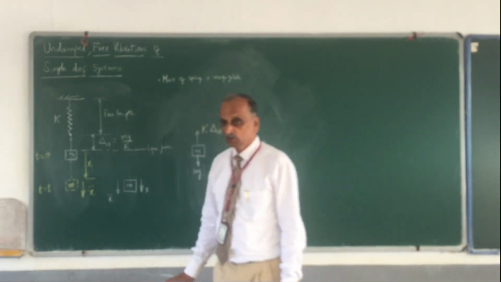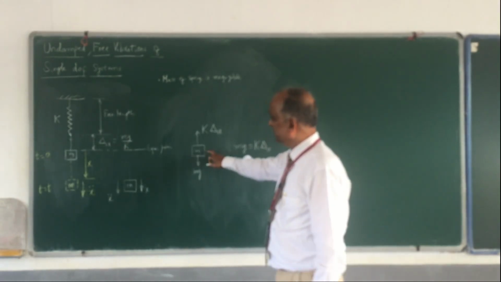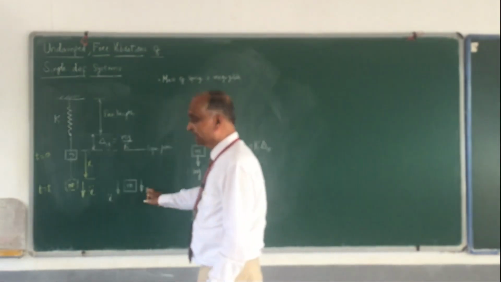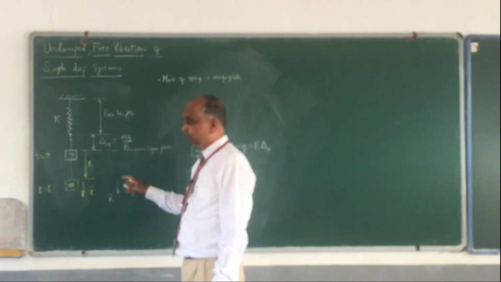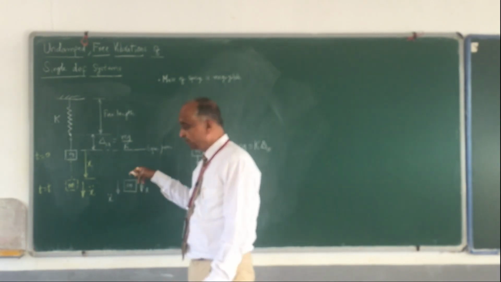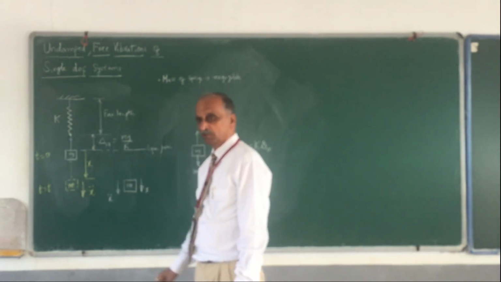It is not stationary. Earlier I didn't write any displacement or acceleration because it was stationary. But here it has undergone a displacement x with respect to the equilibrium position, and it is also moving downwards with an acceleration of x double dot.